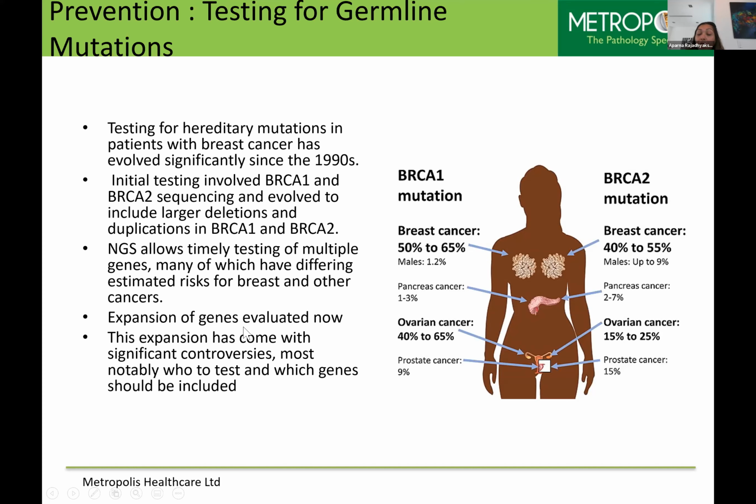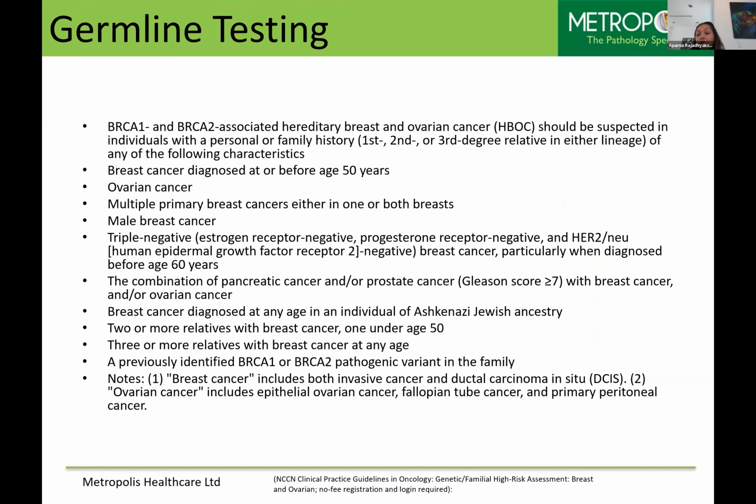The problem comes with a lot of issues: whom do we test? What are we looking for? What else is going on? What do we tell the families? And are all the mutations identified? Are they all pathogenic? That means, do they all cause concern? Because you sometimes have benign mutations, and you have variants of unclear significance where you don't know what to do with them. So there are a lot of concerns with doing an expanded panel.